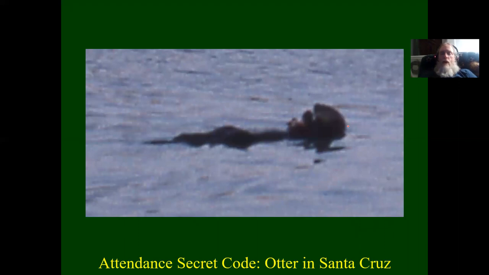This is an otter that we saw swimming around, and it's kind of hard to tell at the resolution of this picture. If I remember correctly, to the extent I remember what one individual otter was doing 28 years ago, he was eating a crab, but I think it's the only otter I've ever seen in the wild, so my memory probably is decent on that. So otter in Santa Cruz is our code for this video.